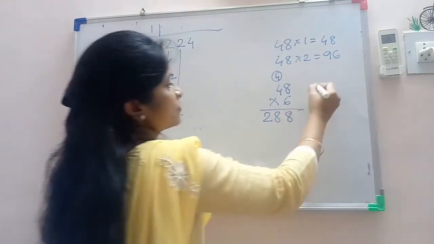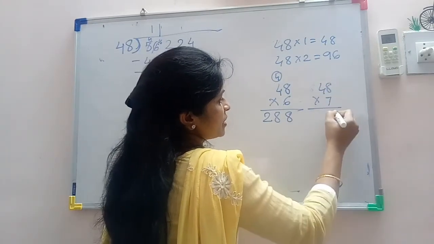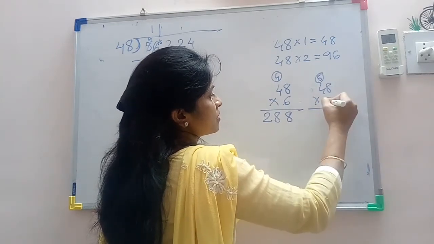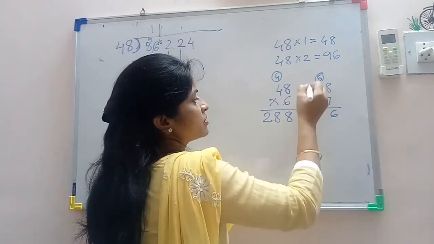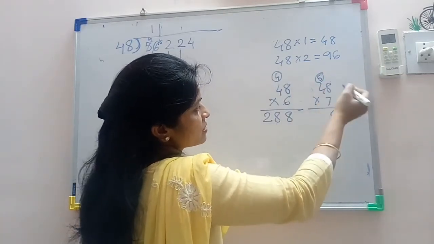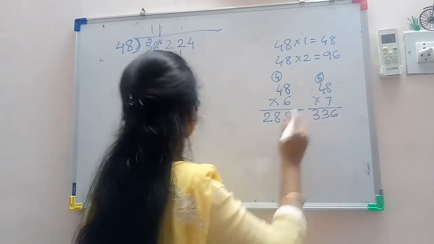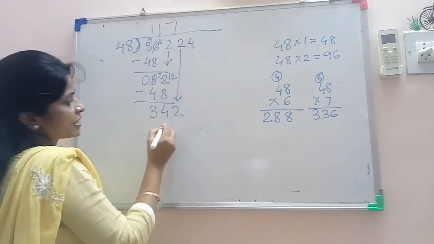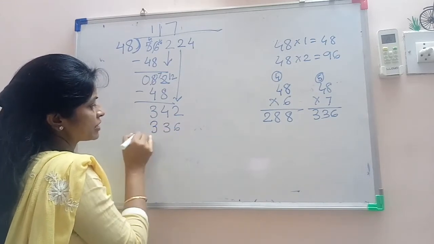Now we will take 48 sevens. 7 8s are 56. 7 4s are 28. 28 plus 5 is 33. That means 48 sevens are 336. Now we will subtract it.